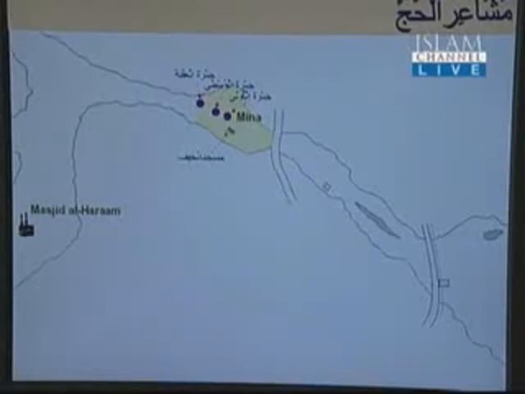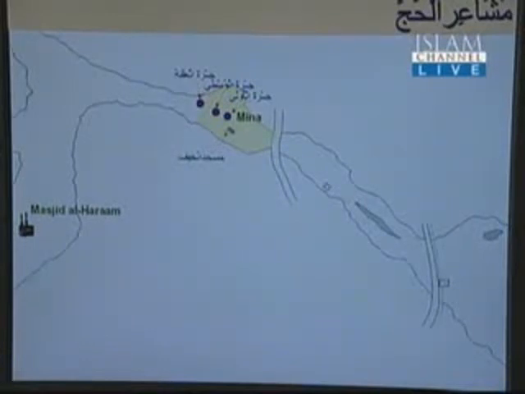One is the Masjid al-Khif and the three Jamarat, which are towards the direction of Masjid al-Haram. The smallest one is more towards the direction of Mina, and the largest one is right at the boundary of Mina, where Mina ends.